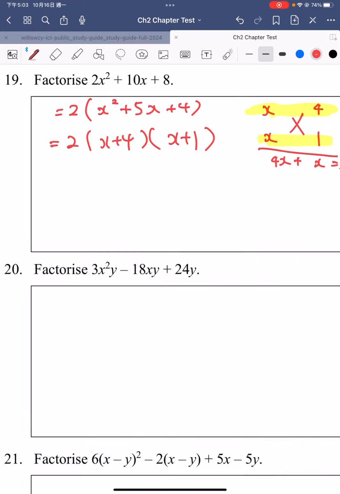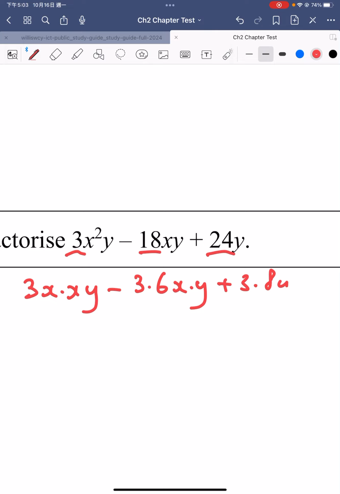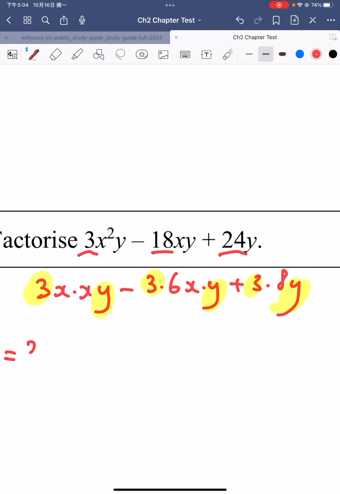So for question 20, you can first of all expand it. So 3, 18, 24, there's a common factor of 3. So you can write 3 times x times y minus 3 times 6 times x times y plus 3 times 8 times y. So you can say that the 3 is the common factor, and also the y is the common factor as well. So first of all, we take out the common factor 3y.